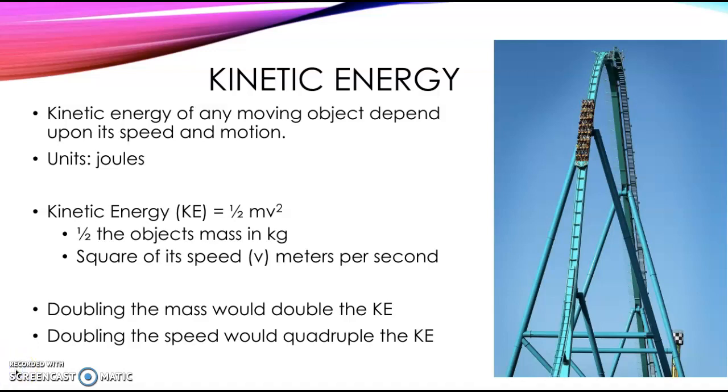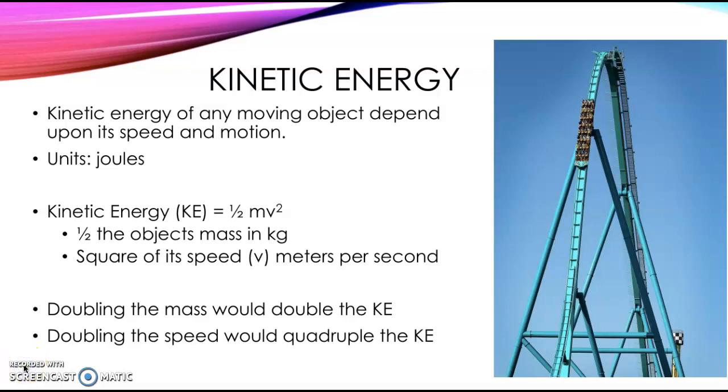I want you to notice that if you double the mass, it would double the kinetic energy. If you double the speed, it's going to quadruple the kinetic energy, because we have to square the speed. So that would quadruple the kinetic energy.